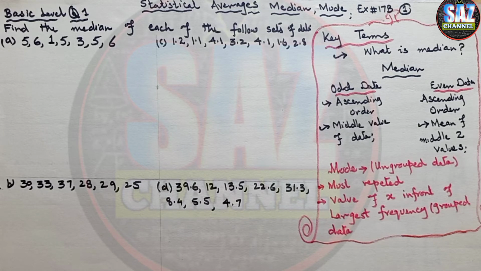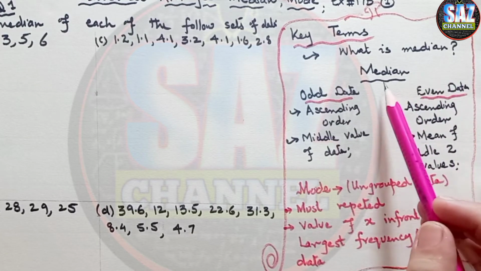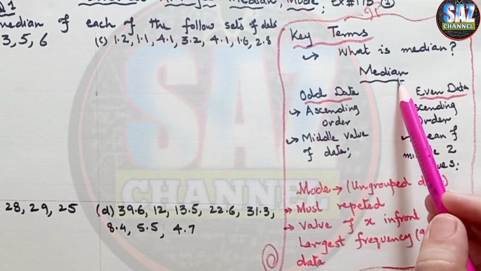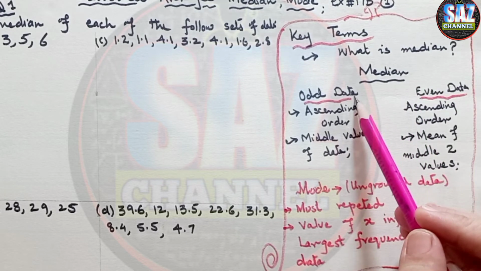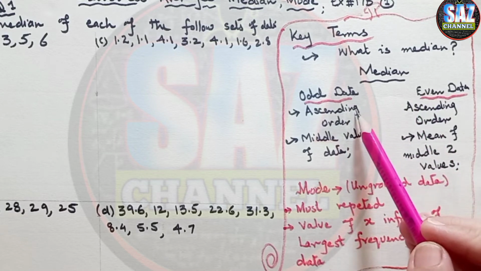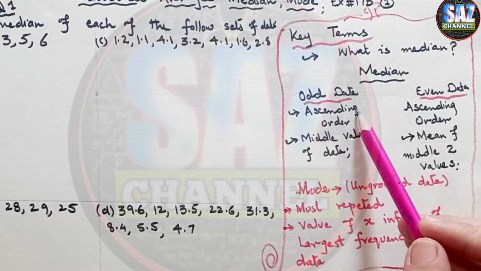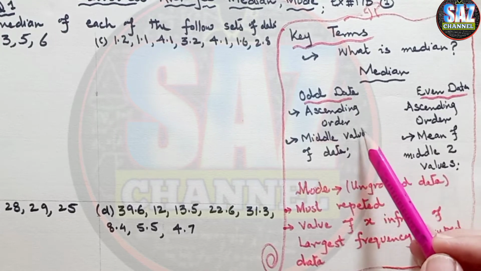Before moving to the lesson, there are some key terms that we have to reinforce. What is the median? Recall that for the median we have to first see whether the data is even or odd, and then put the data in ascending order. Ascending means from small to big.